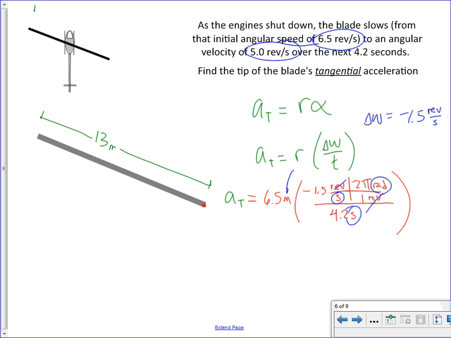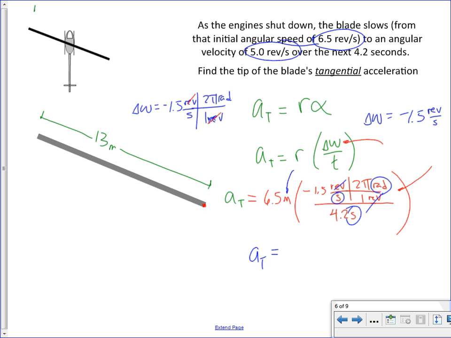Good. So we're back to a place where we can express tangential acceleration in meters per second squared. Now, if it's easier for you separately to say, okay, delta omega is negative 1.5 revolutions per second, and in 1 revolution there's 2 pi radians, and find delta omega just in radians per second, and then plug that number into here instead of doing the conversion in the work like I'm doing, obviously that's fine.